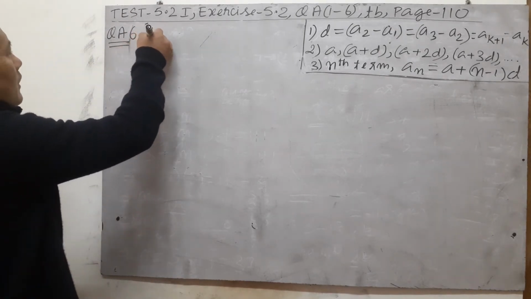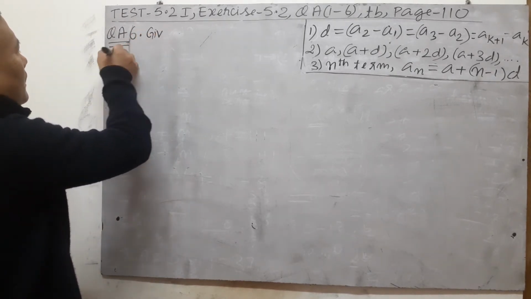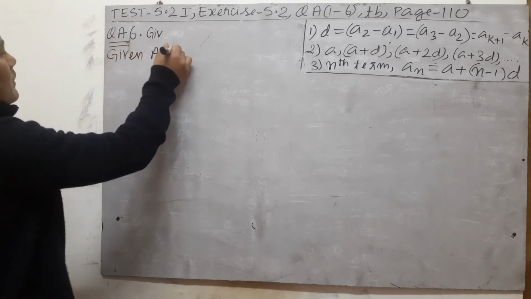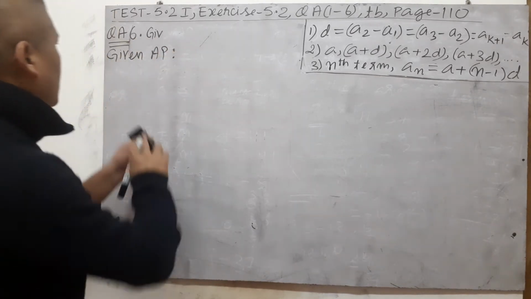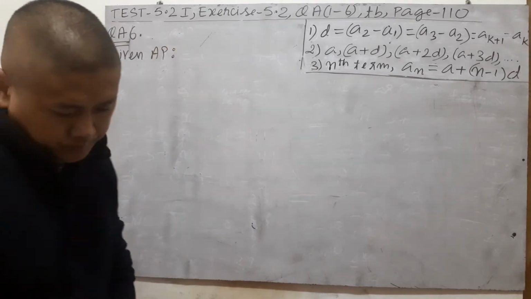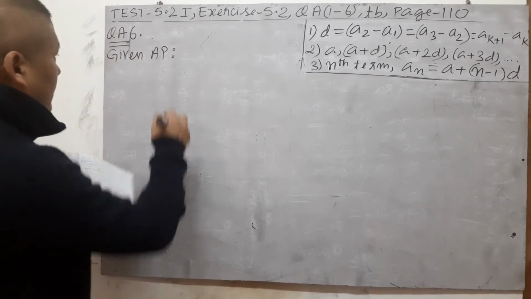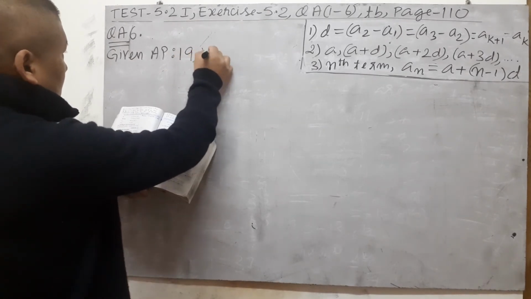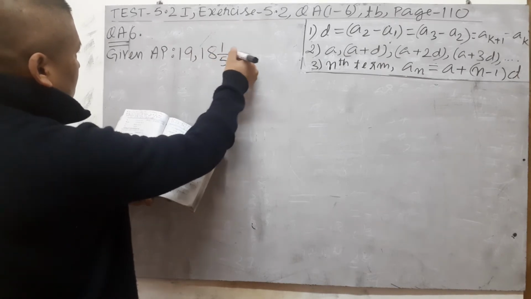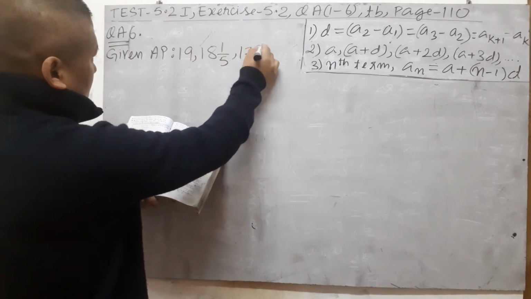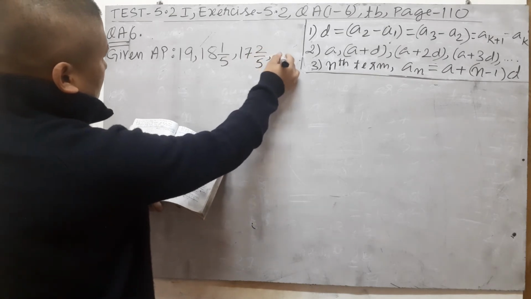So given, okay, let me write it here. Given AP, clearly it's given here. Given AP 19, 18 1/5, 17 2/5, etc. It goes on.